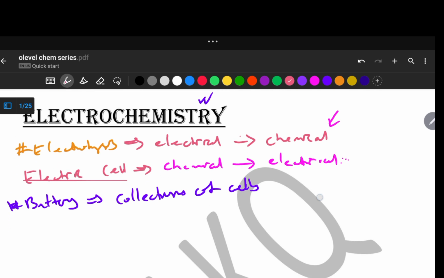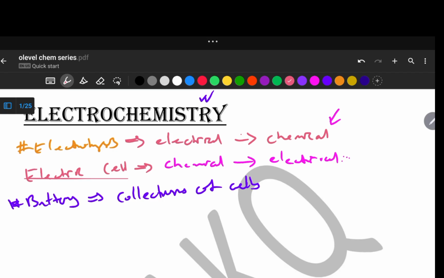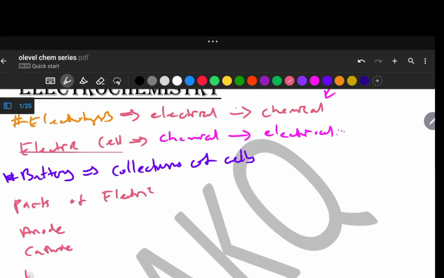So we have the building blocks of electric cells, we have the parts of electric cells. So each cell has the electrodes, the anode and the cathode, and we also have the electrolyte.